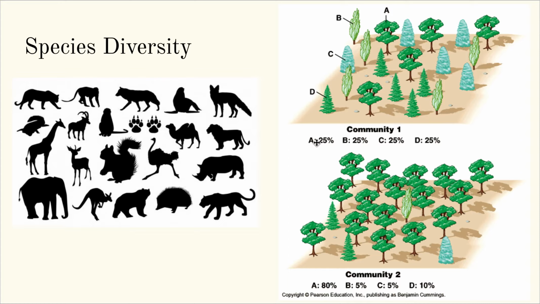So A has a diversity of 25%, so 25% of the trees in this ecosystem are of species A. Same with B, C, and D. On the contrary, in community 2, species A is much more prevalent, but the diversity is the same. There are still 4 different species, but the population of each of the others has decreased.